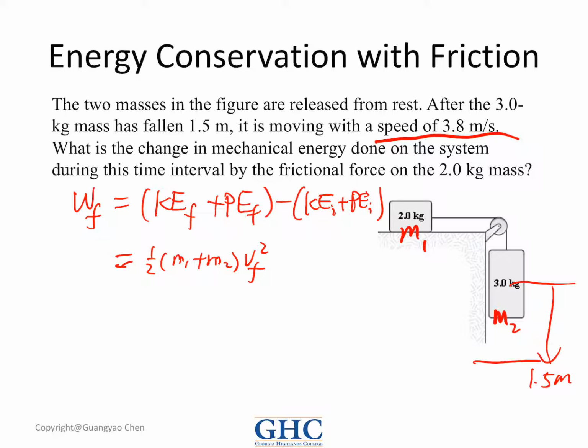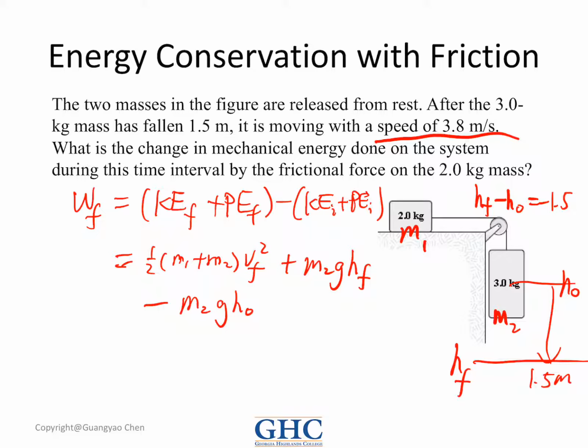So let's call this one hf, this h0. So final potential energy is m2g hf. Initial kinetic energy is 0. Initial potential energy is m2g h0. And we have hf subtract h0 equals negative 1.5 meters. You put all the numbers in, you find that the work done by friction is actually 8 joules.